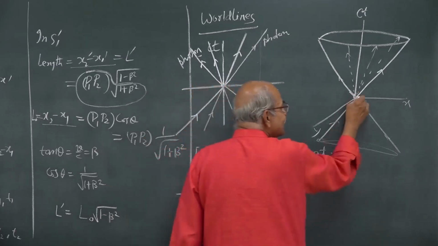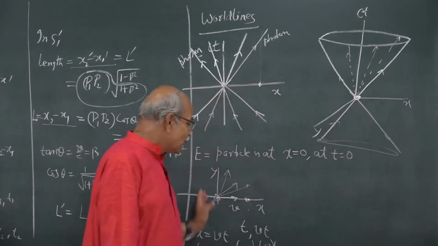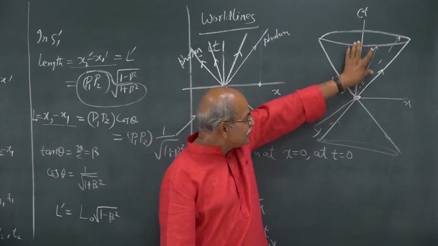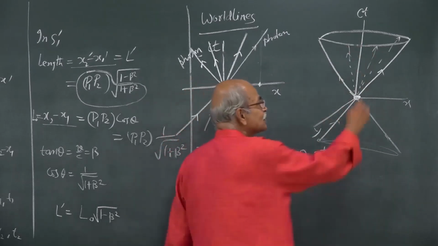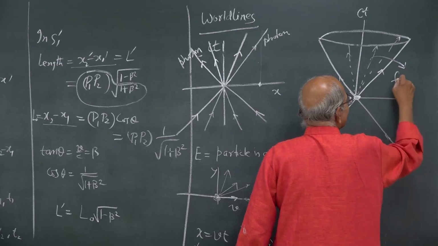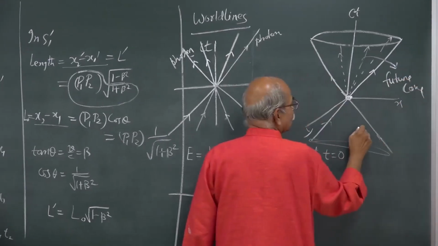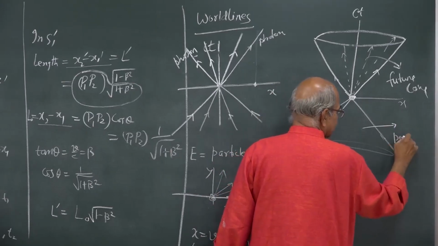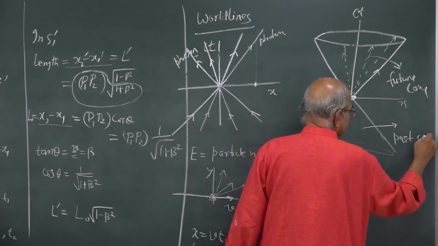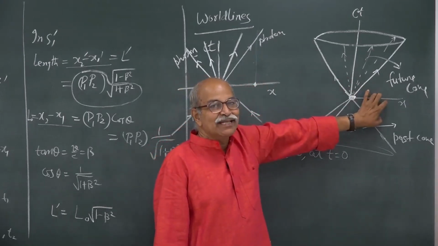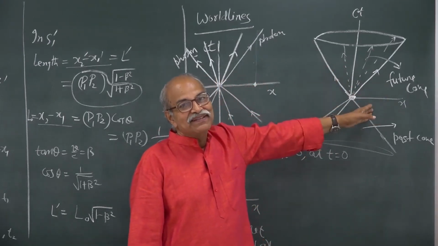And if there is a particle here, wherever it goes, it has to remain in this, and in the past it was in this. So, you can call this the future cone, and you can call this the past cone, and the outside of the cone is inaccessible to the particle.